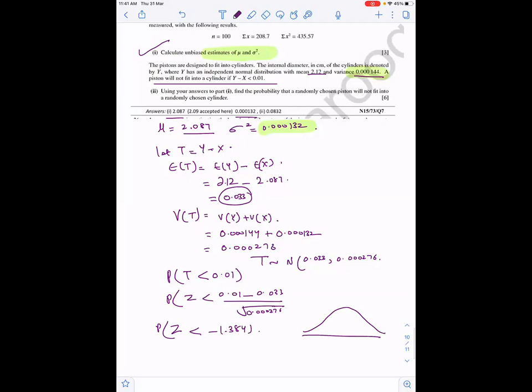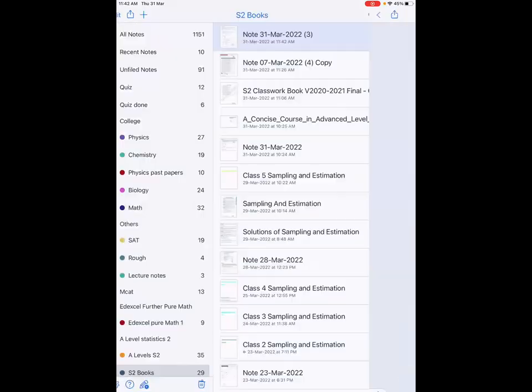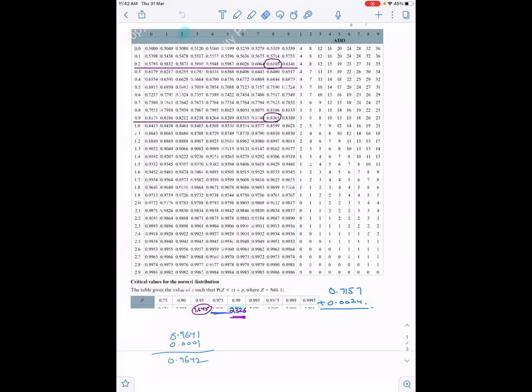Less than the negative value, meaning 1 minus phi of the positive value. 1 minus phi of 1.384 from the table.